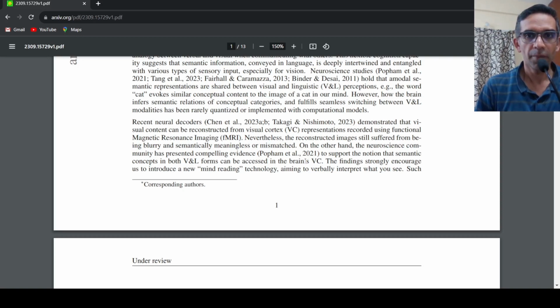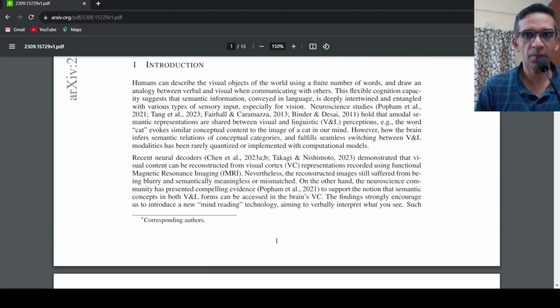Okay, so you can actually verbally interpret what you see. Your brain does a lot of these things, it is able to process both visual and language forms in its visual cortex. Okay, so that is what is mentioned over here, right?